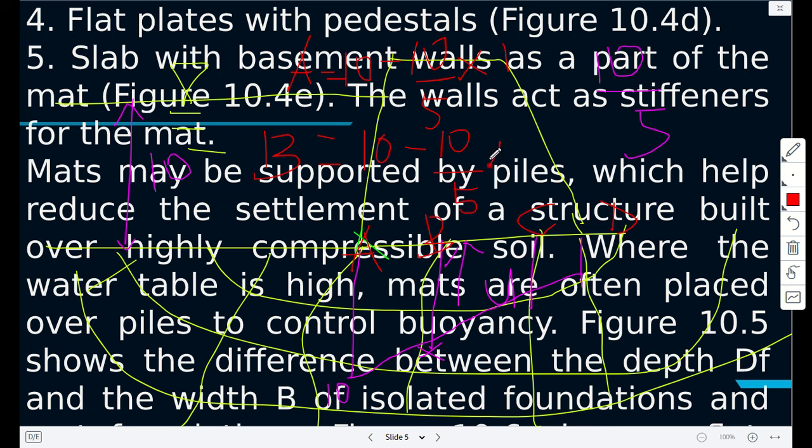Sometimes the flow nets do not exactly coincide with the corners. You can estimate. For example, if the flow net was here, let me use a different pen.